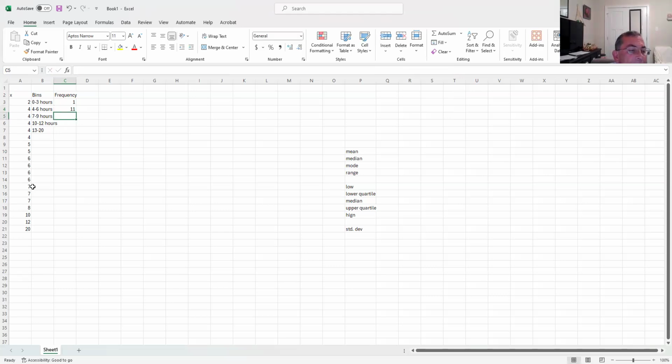Between 7 and 9, I got 1, 2, 3, 4, so 4 values between 7 and 9. 10 and 12, I had 1, 2 values. And then for my 13 to 20, I had 1 value. All right, so that's my frequencies of each of these happening.